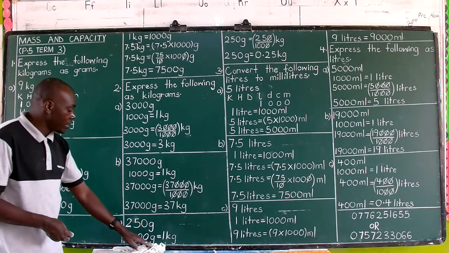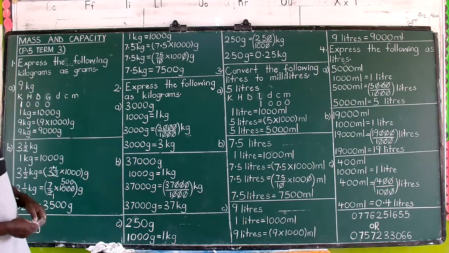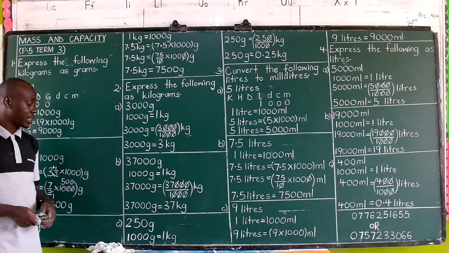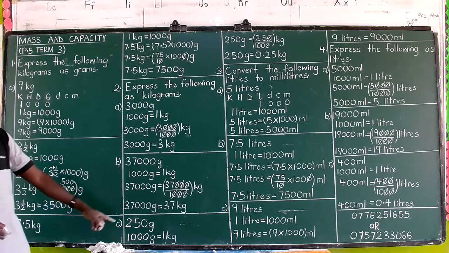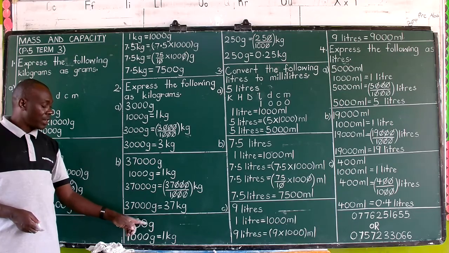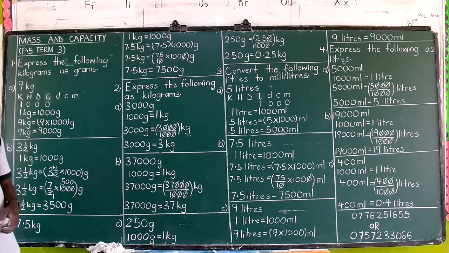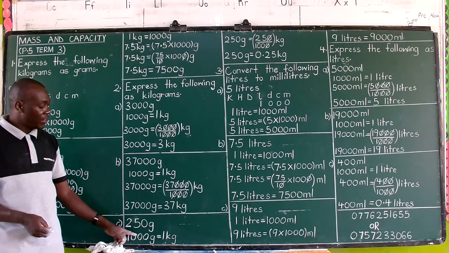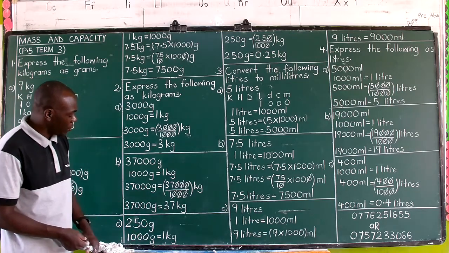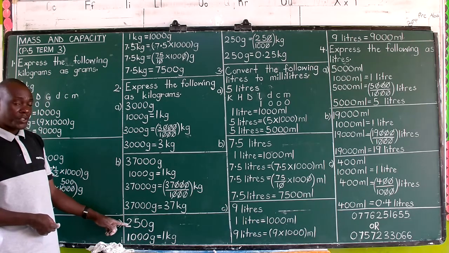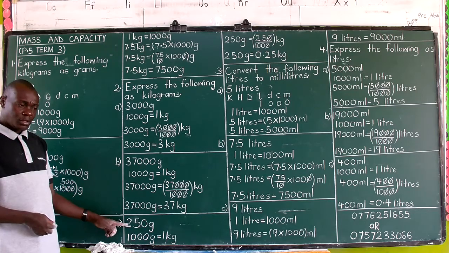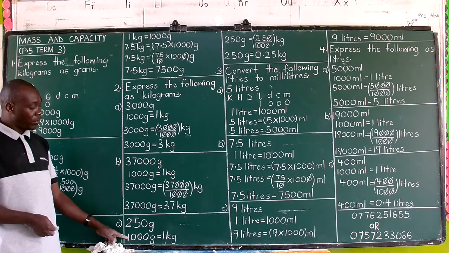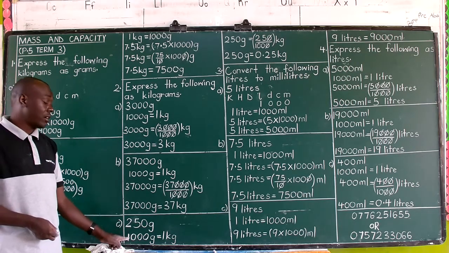Now, what if one is given grams less than 1,000, which make a kilogram? Part C says convert 250 grams to kilograms. You state again, 1,000 grams are equal to 1 kilogram. But I see just 250 grams. Okay, meaning they cannot make a full kilogram because a full kilogram has as many as 1,000 grams.